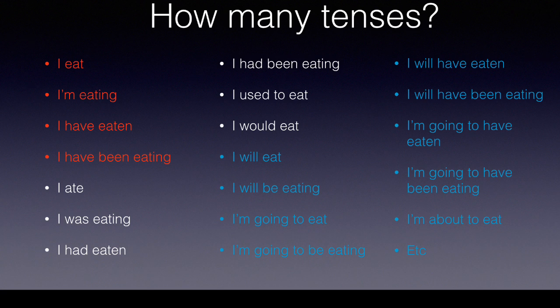Past simple, past continuous, past perfect continuous, and then the used to past form and the would past form. The forms in blue are all future time or futurity. Let's look at the terminology for that when we come to it. And I've written etc. at the end because there are even more forms to refer to the future.